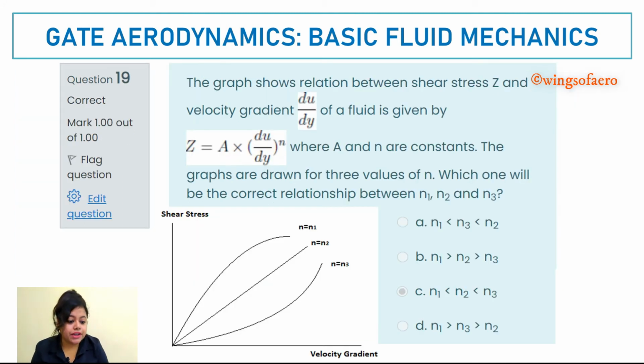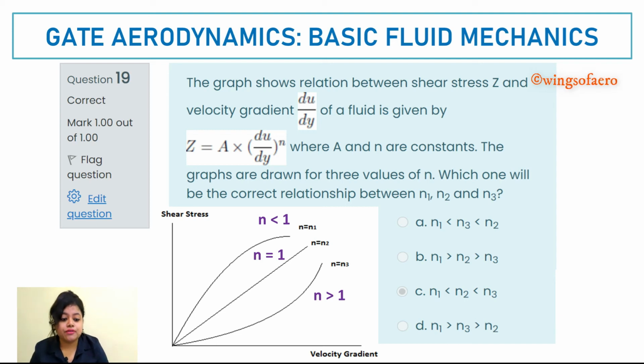Then moving to the next question: the graph shows the relation between the shear stress and the velocity gradient of the fluid, given by the equation where a and n are constants. The graphs are drawn with different values of n. Which one will have the correct relationship between n1, n2 and n3? So n2 is a straight line, directly proportional, with shear stress versus velocity gradient, which follows the Newtonian law of viscosity.